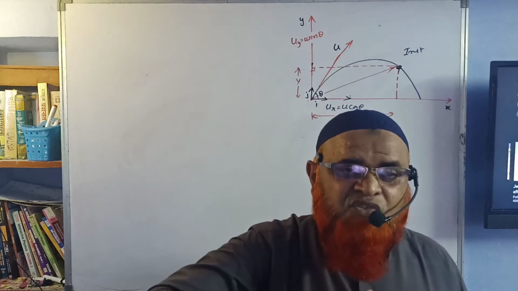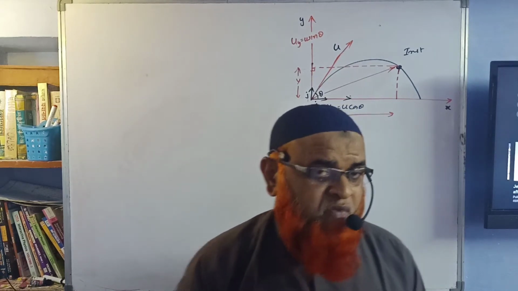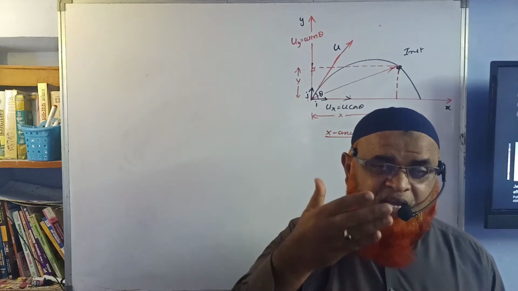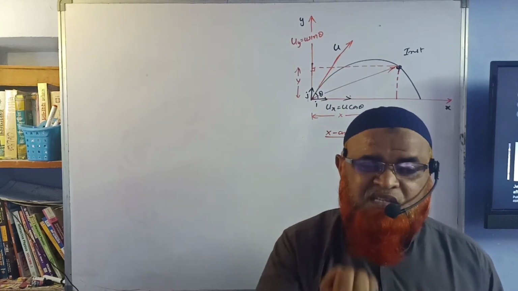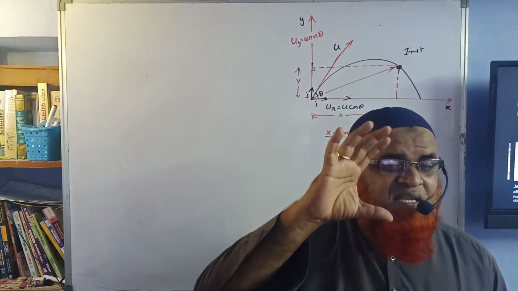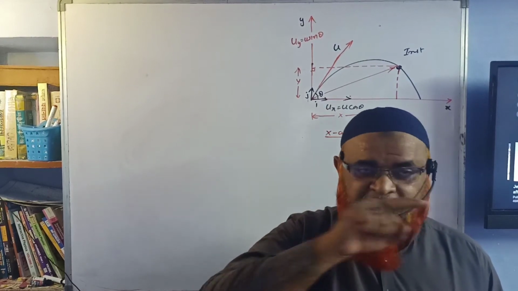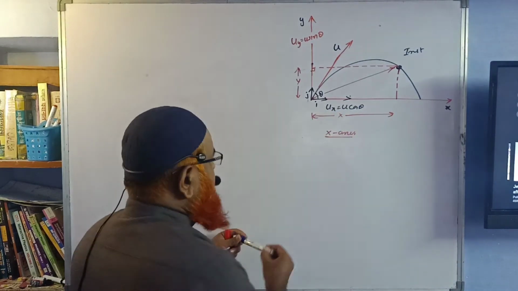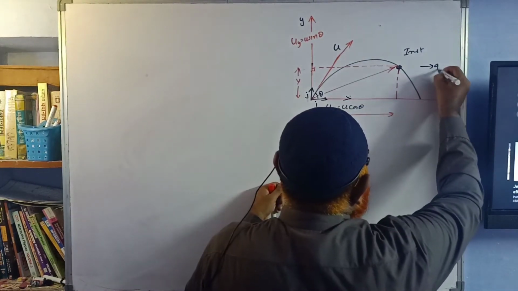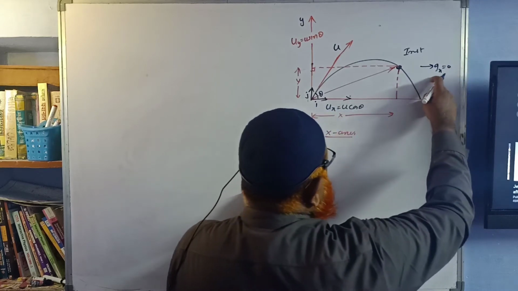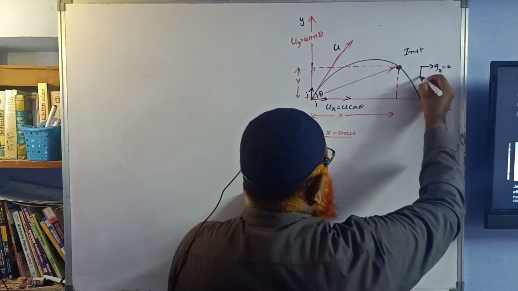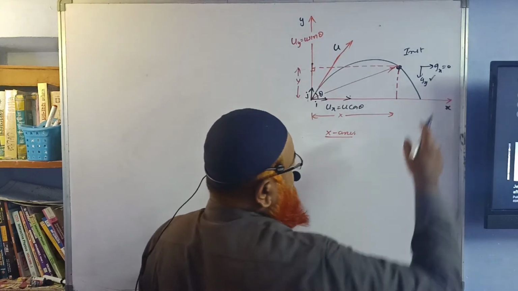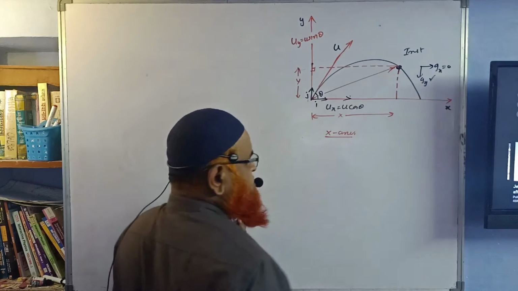Gravity always acts along the y-axis, downwards, towards the center of the earth. So the y-axis has gravitational force, whereas along the horizontal x-axis there is no gravity. Along the x-axis, g is going to be 0.